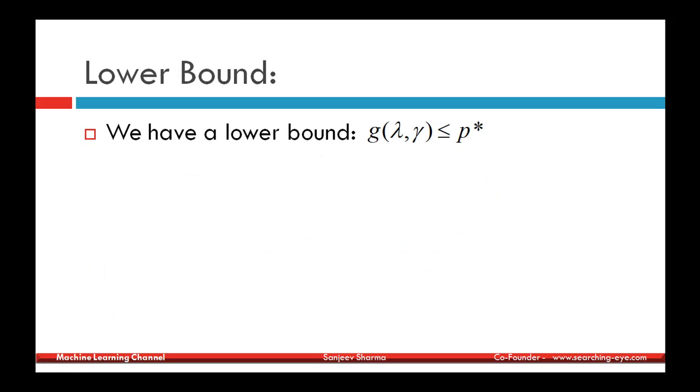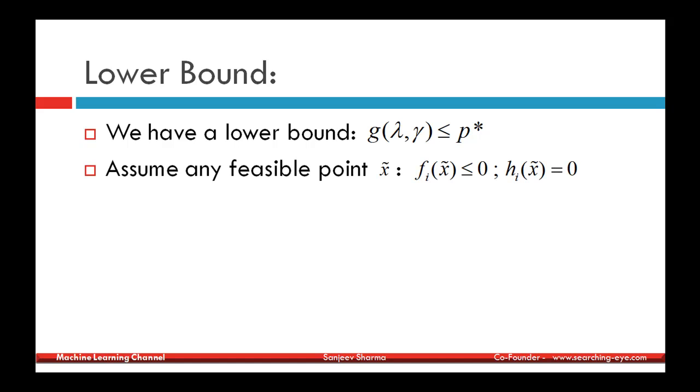So the dual function g, as a function of lambda and gamma, is a lower bound on the optimal value of the primal problem p star, and this can be very easily proved. We just consider any feasible point. We can assume any feasible point x tilde such that fi of x tilde is less than or equal to 0 and hi of x tilde is equal to 0.